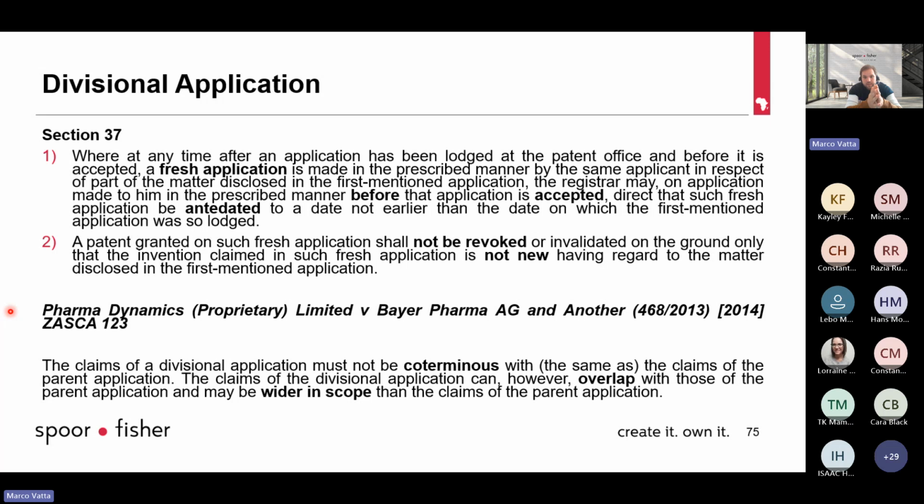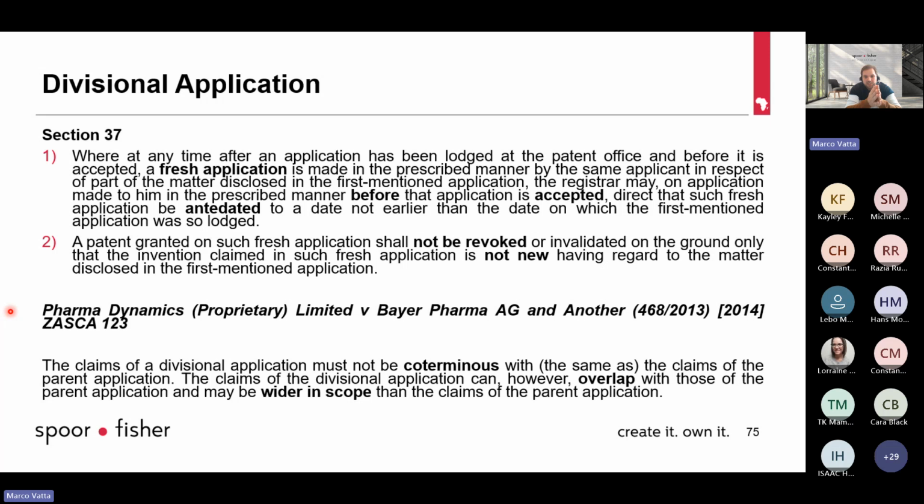It happens where there is a disclosure in the specification that, for example, relates to the method of manufacturing a pharmaceutical, and then there's also a claim directed to the pharmaceutical compound itself. So those are two separate inventions. There's a method of manufacture, and then there's also the invention of the compound itself that you're wishing to protect. And all of this is disclosed in one specification.